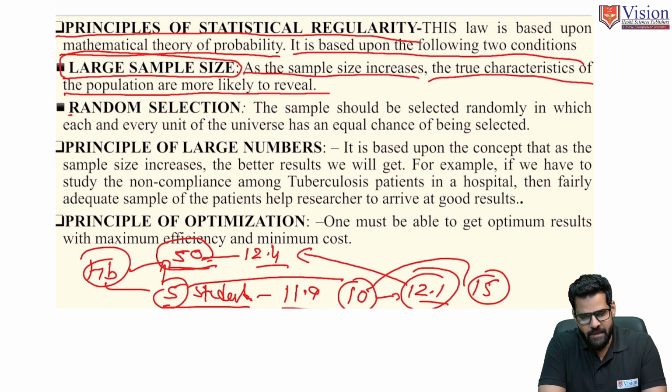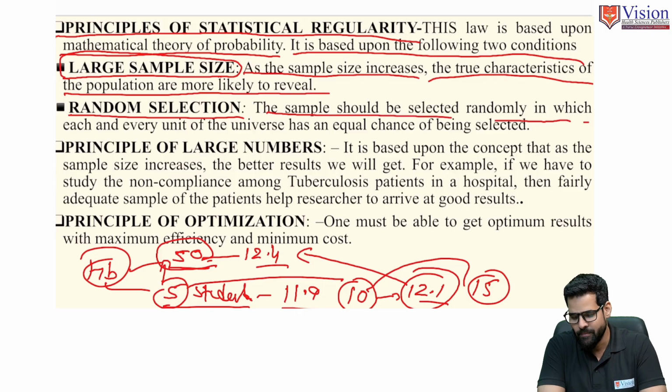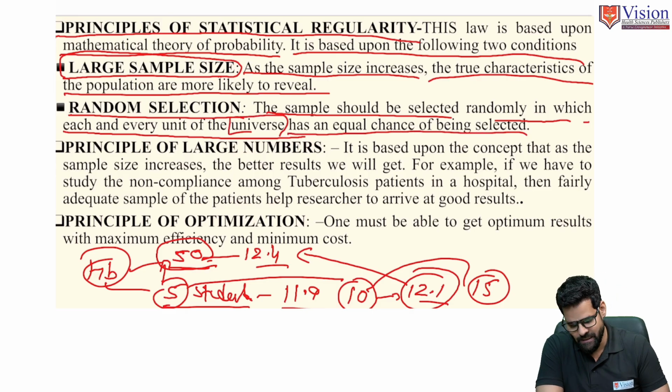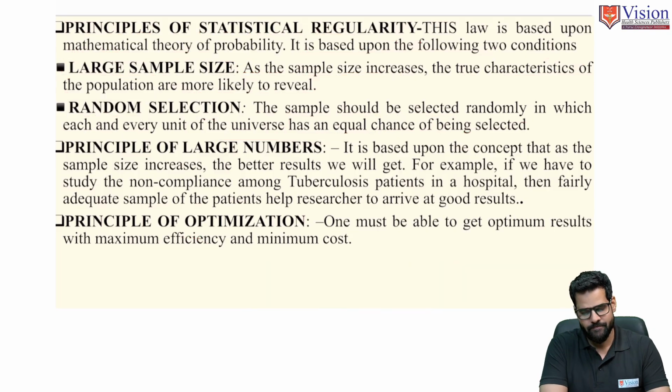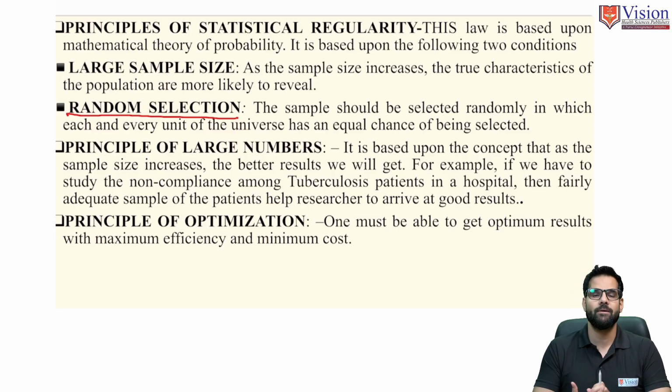The second principle here is random selection. A sample should be selected randomly, in which each and every unit of the universe, meaning the population, has an equal chance of being selected. So please understand that point. Random selection is desirable under the principle of statistical regularity.